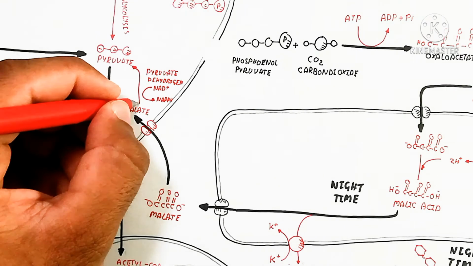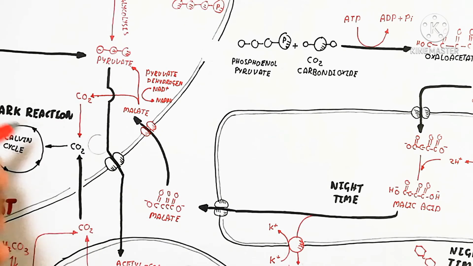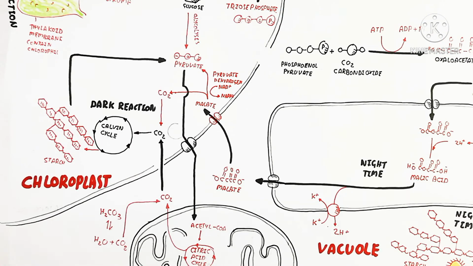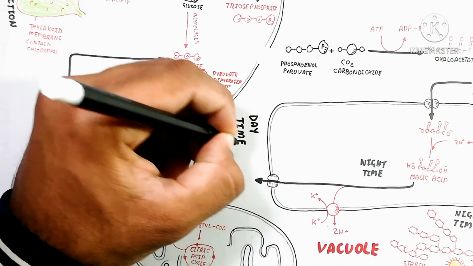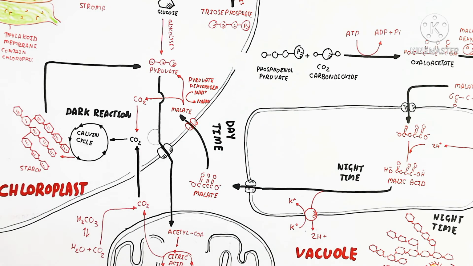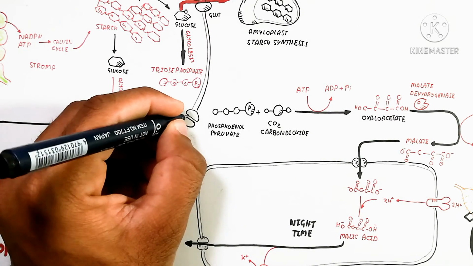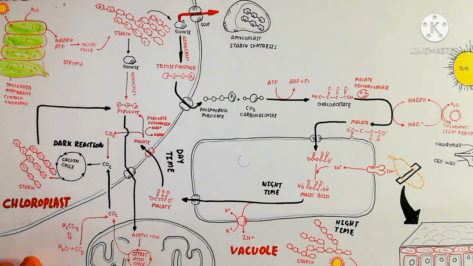This pyruvate will again go into the mitochondria, or go through gluconeogenesis to make glucose, and the starch synthase enzyme is used to produce starch. So starch is the storage molecule in the form of glucose present in the plant.